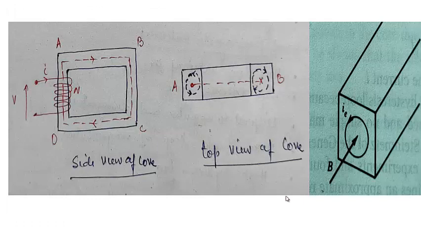One more thing that I have told you, that this is the side view of the core and this is the top view of the core. You need to understand the core area as well. This is the core area in which flux will flow. You can see over here, this is the core area. It is not the top view, it is the intermediate view between the top and the side view. This is the side of this, and this is the top of this. You can see the top will look like this, and the magnetic flux density will be of this type.